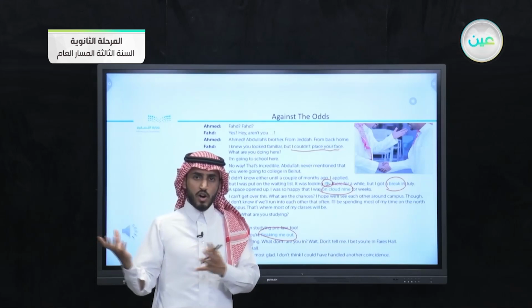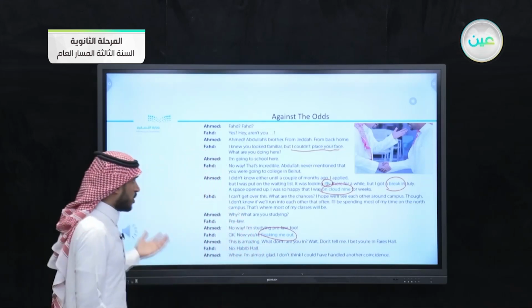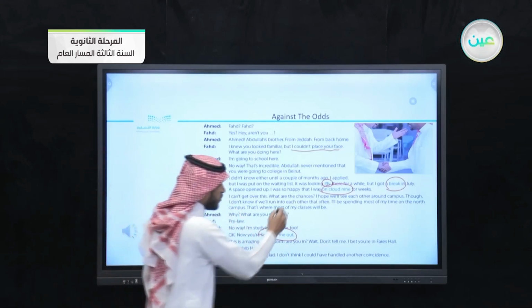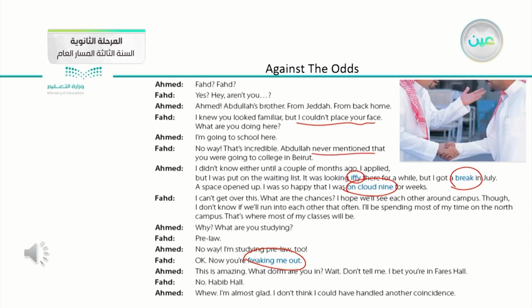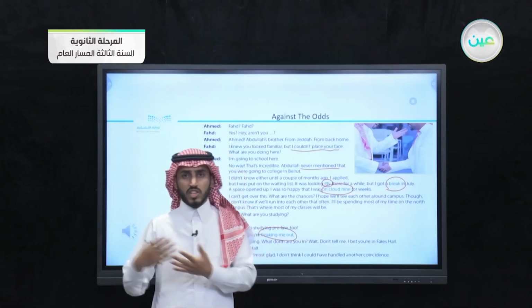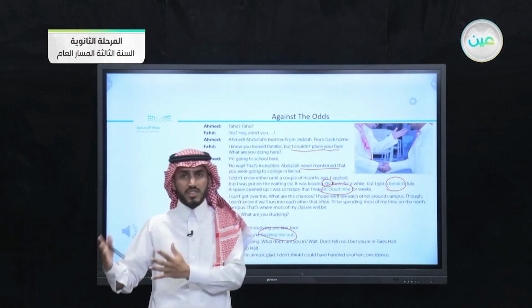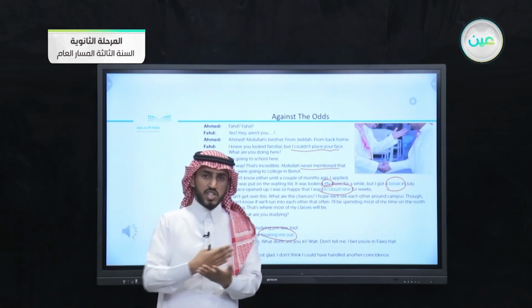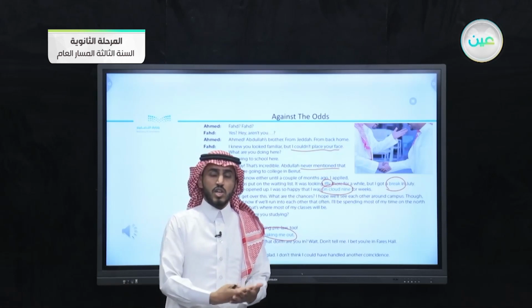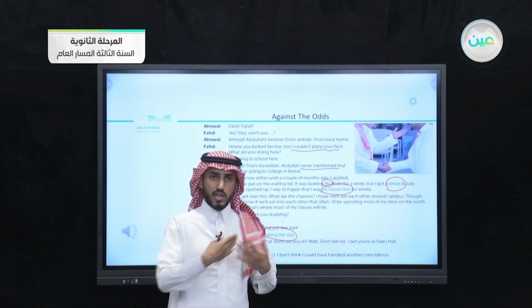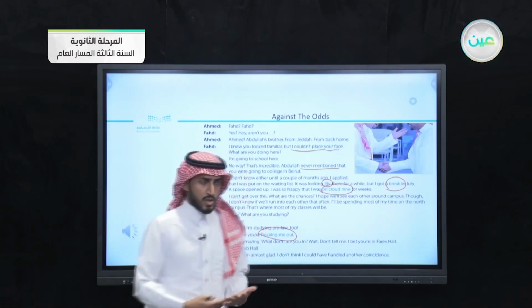After that, here we have: Abdullah never mentioned that you were going to Beirut and so on. When someone tells you something, that means he mentioned that thing to you. To mention something means talking about something or telling people about that thing.